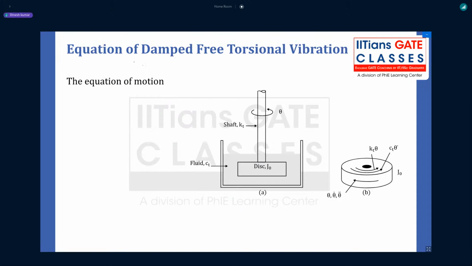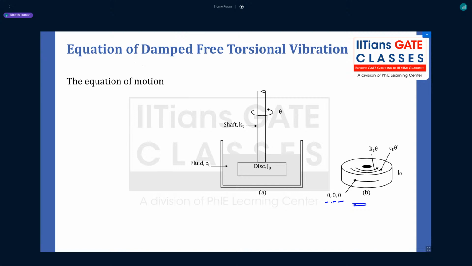Yeah. So most of the people, as I told, cover translational damped free vibration. But very few people talk about torsional or rotational damped vibration. In case of rotational vibration, theta is the rotational displacement, theta dot is the rotational velocity, and theta double dot is the angular acceleration.